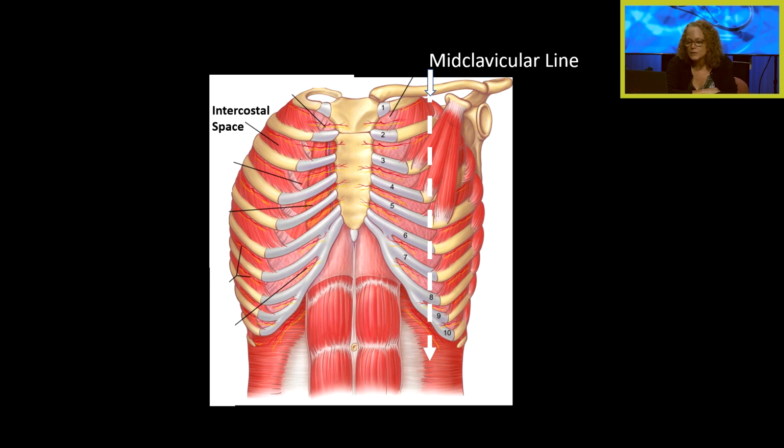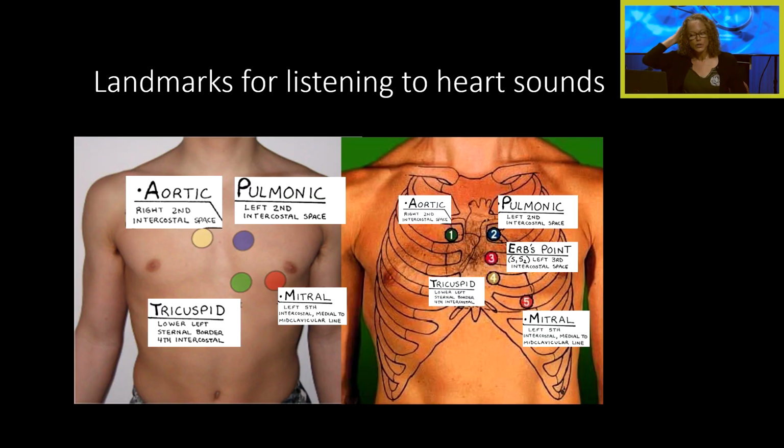So it's important as a nurse to understand that we've got intercostal spaces, and we have something called a midclavicular line. That's the center of our clavicle, and usually the fifth intercostal space is where we start our landmarking for listening to heart sounds.